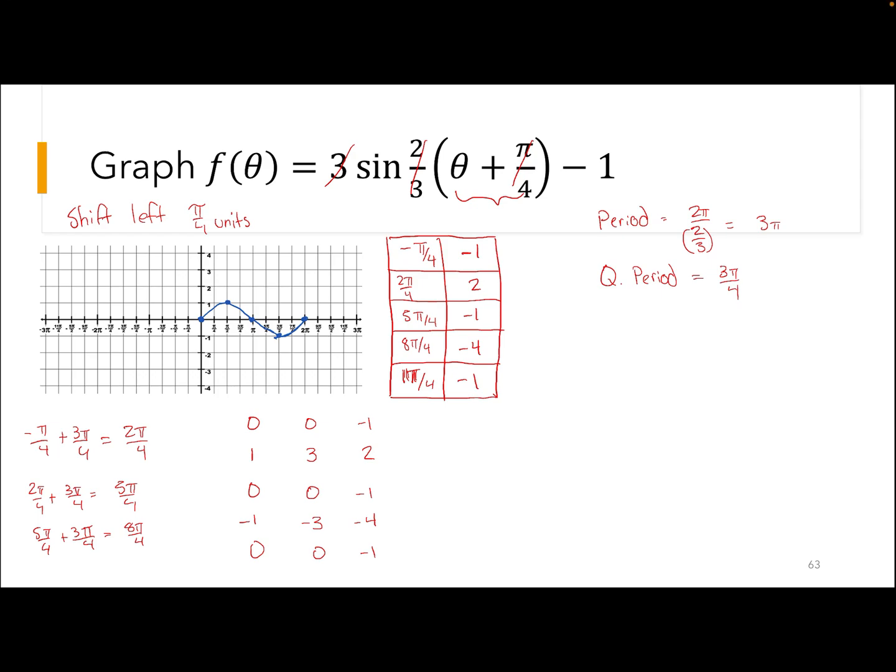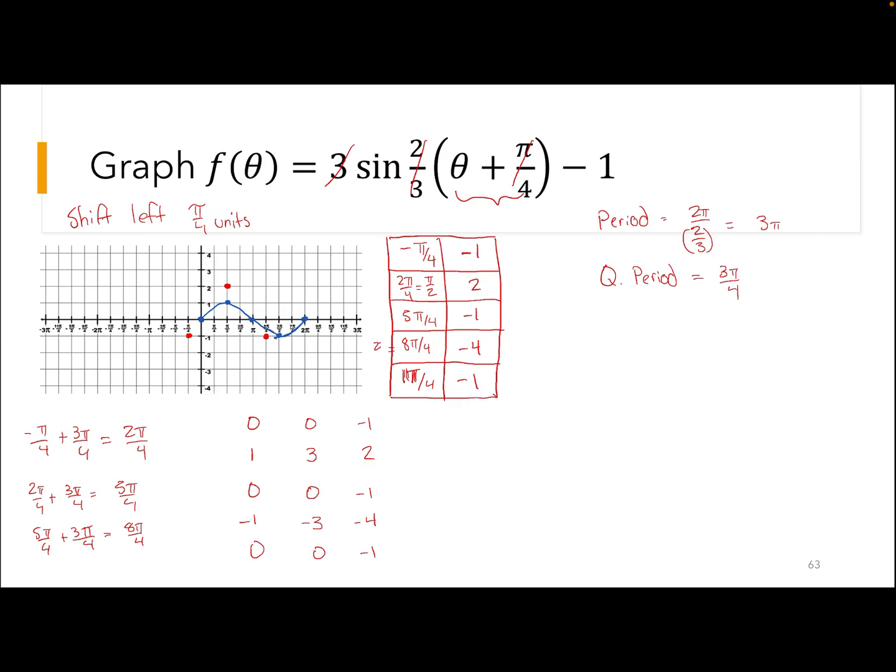all right, so now we need to start at negative pi over 4, -1. So we're going to start at negative pi over 4, -1 at 2 pi over 4. All right, so we actually didn't reduce these. That's going to be the same as pi over 2. So then at pi over 2, we need to be up at 2. At 5 pi over 4, we need to be back at -1.